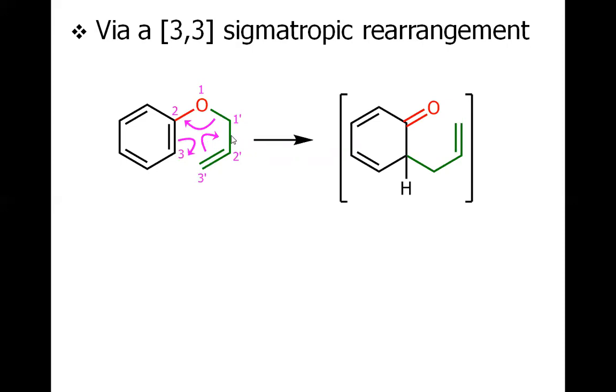So overall there were two pi bonds, and still there are two pi bonds, but all they did is just change position. However, there is breakage of the sigma bond and the formation of a new sigma bond.